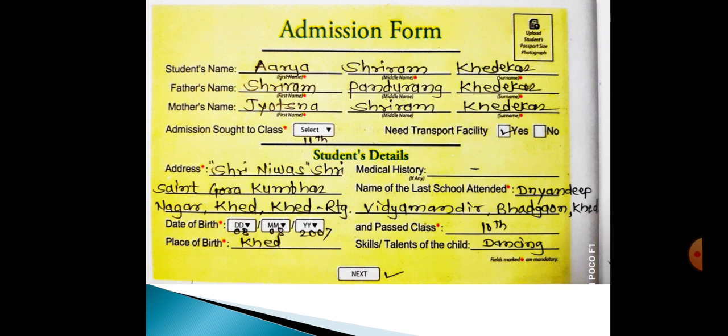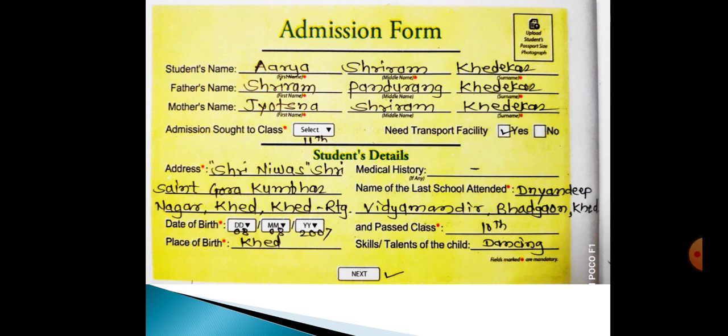Then student details. Here I write the full address of the student. Then medical history. There is no medical history, that's why I only put a dash here. Name of the last school attended, that student's last school name I write here. Next, date of birth. First you click on the date column, then you select your own date.